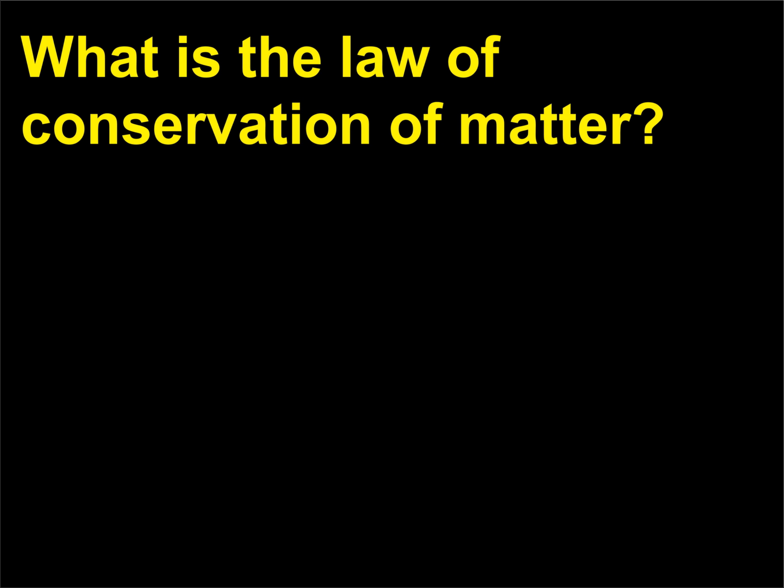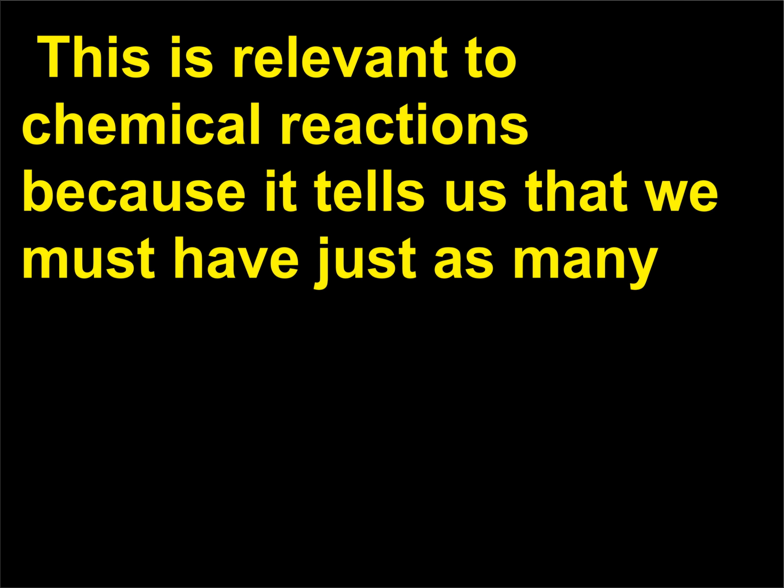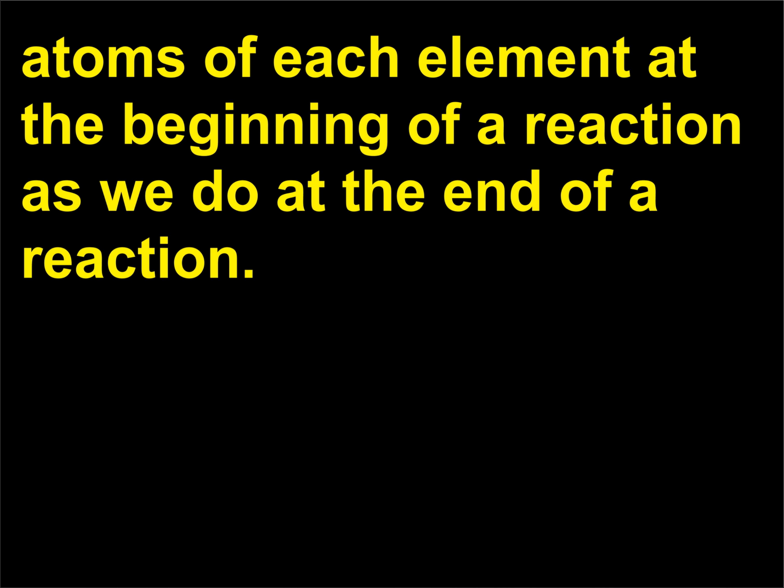What is the law of conservation of matter? The law of conservation of matter states that matter cannot be created or destroyed. This is relevant to chemical reactions because it tells us that we must have just as many atoms of each element at the beginning of a reaction as we do at the end of a reaction.